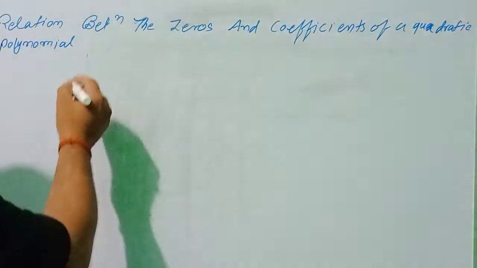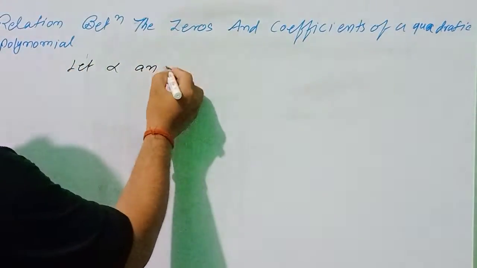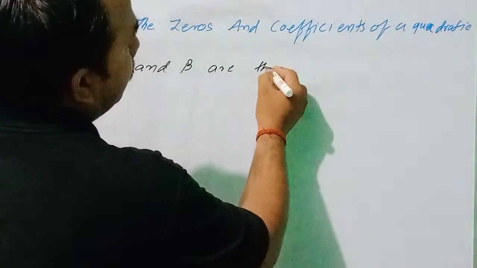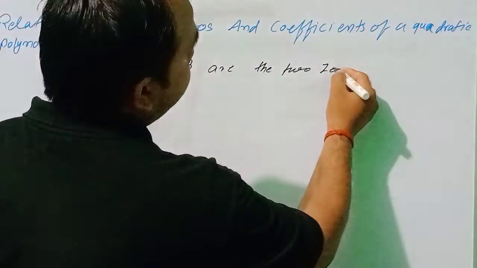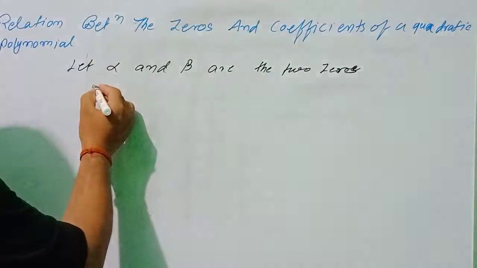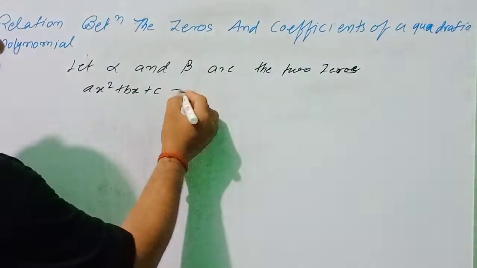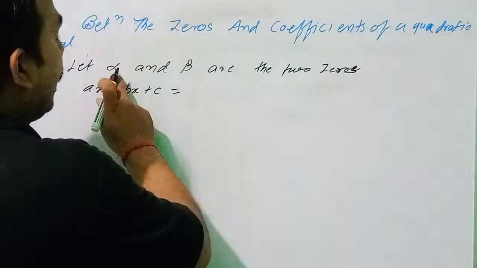So quadratic equations, let alpha and beta are the two zeros. So ax square plus bx plus c, we will write in short form.